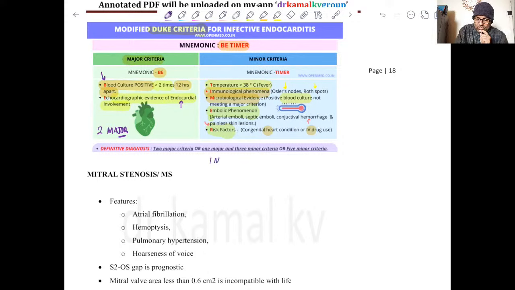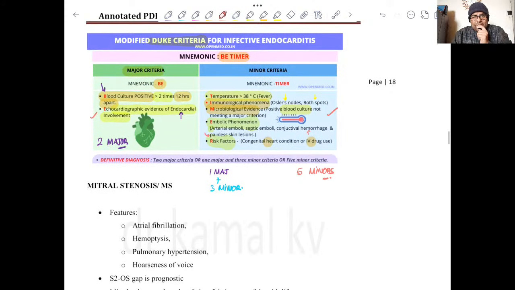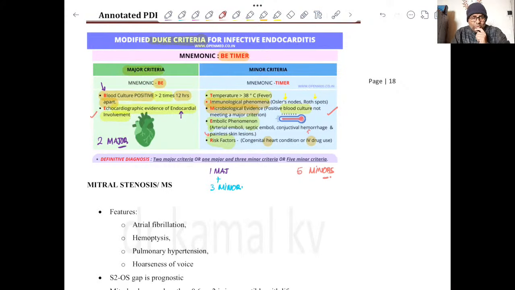So 1 major plus 3 minor, or if we don't have any major, no problem, we should have all 5 minors. Clear? So either all of these, if not then 1 plus 3. Clear? So this is how we can reach up to a diagnosis of infective endocarditis, and from medicine point of view this is extremely important. I am requesting all of you to please memorize it by any means.